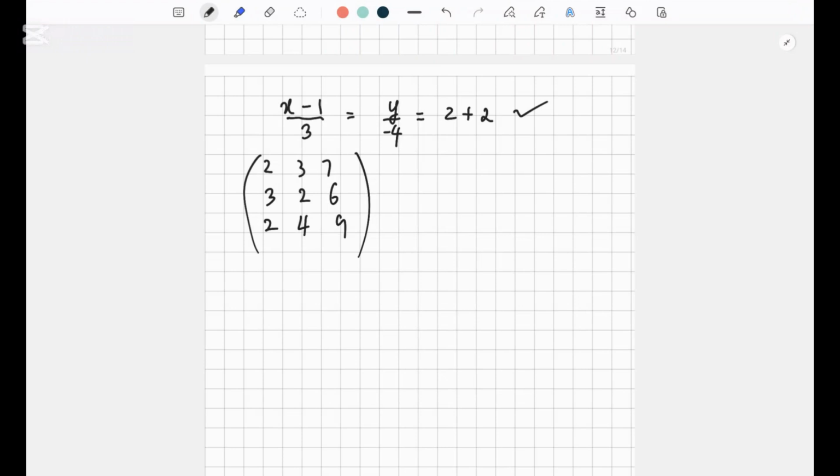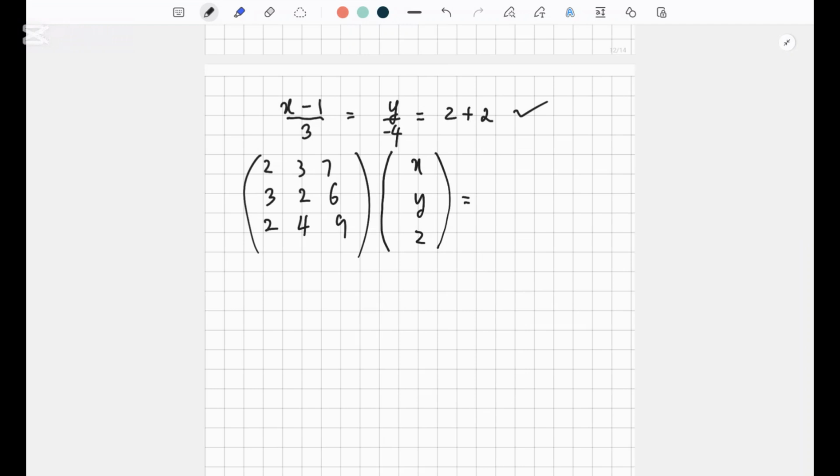So it's going to be this matrix into x, y, z. We will take x, y, z as the first line, so that matrix into line L1 gives you the line L2.